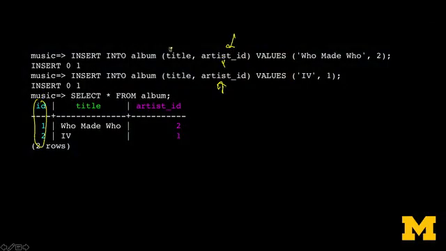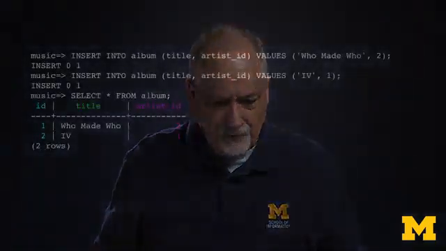So in this one, you'll notice there's no ID that we're inserting, and so we have a title and an artist ID, and we had to remember. You just kind of write on a little piece of paper when you're doing it by hand, and that's exactly how I do it. When I insert on that previous screen, I remember that Led Zeppelin was 1 and AC/DC was 2, and then I construct these by hand. And later we will see quicker ways to do this once we know a little bit more SQL.